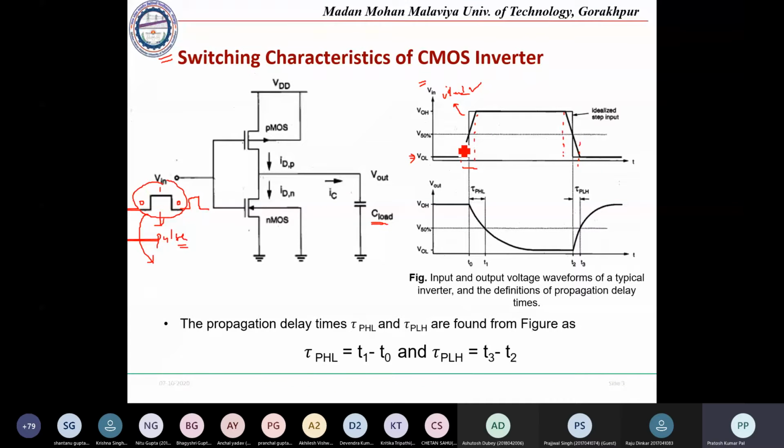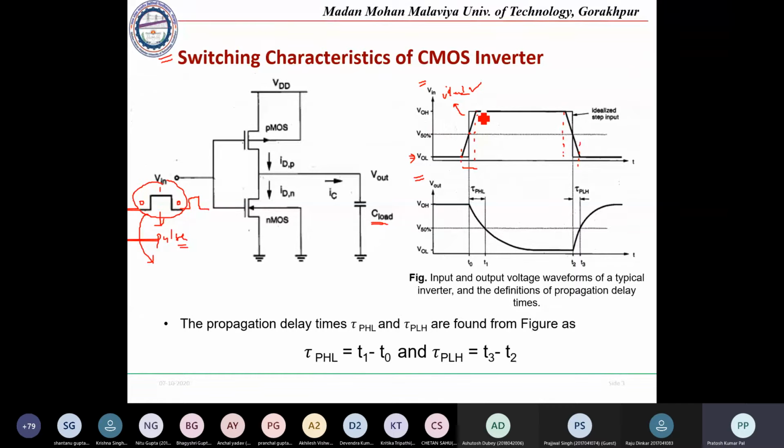Suppose this is the practical pulse given as the input. With respect to this pulse, we will be getting some output. If low is the input, at that time the output will be high, and that high output will be equal to the VOH value. Then the output starts changing, and this is the point where it has increased by 50%.